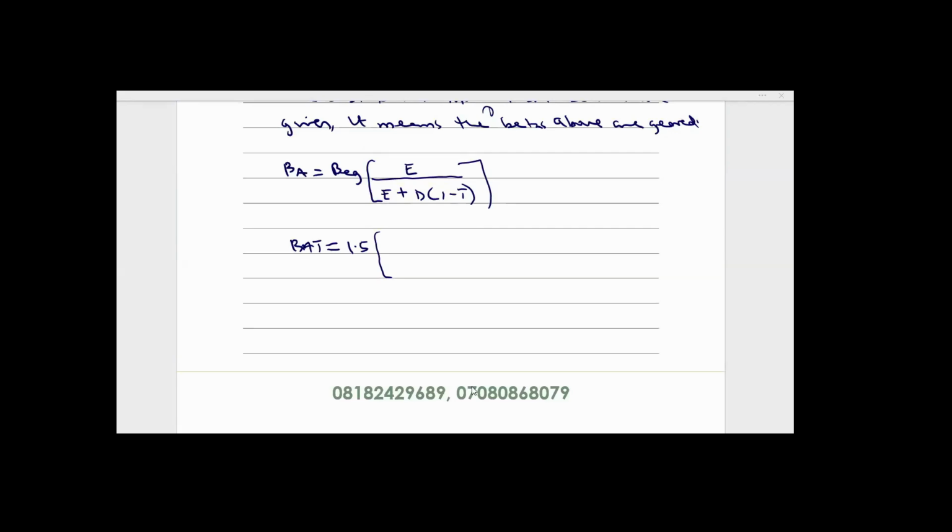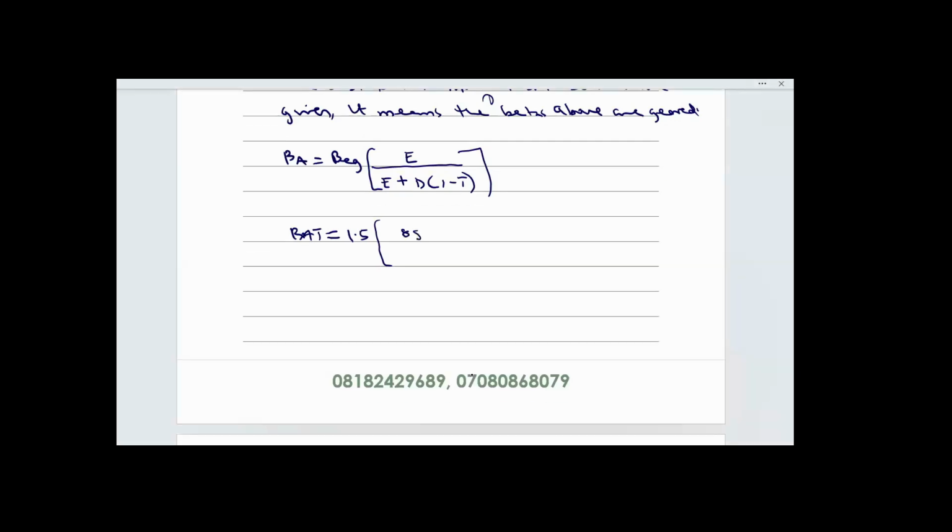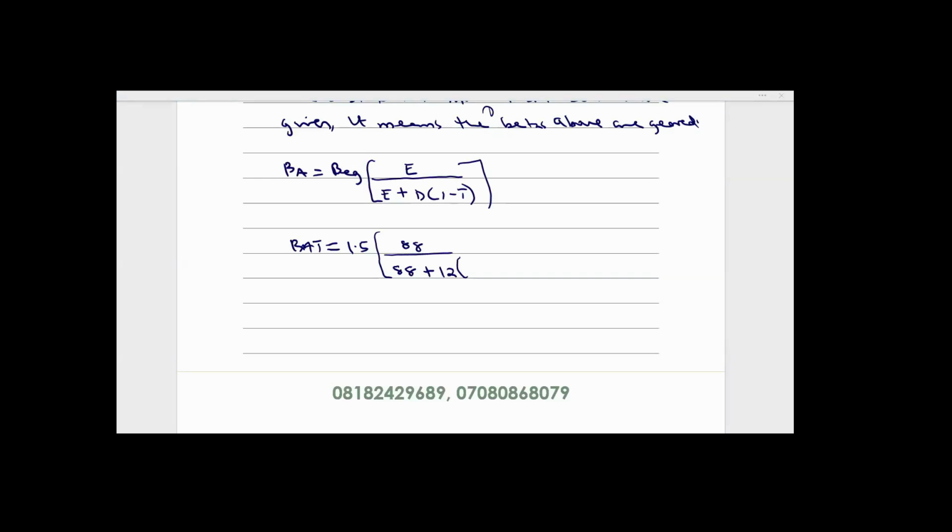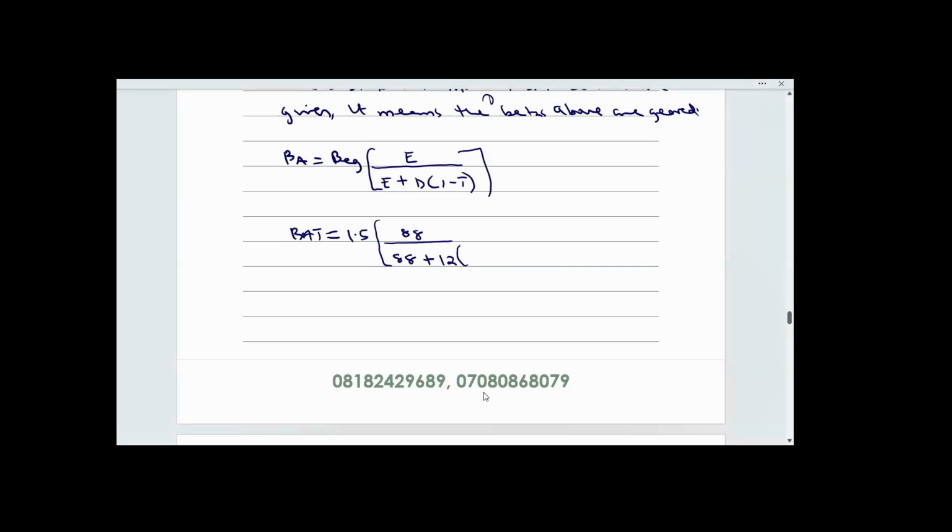So here will be 88 divided by 88 plus debt, which is 12. The tax rate given in the question is 40%. 1 minus 40% gives us 60%.